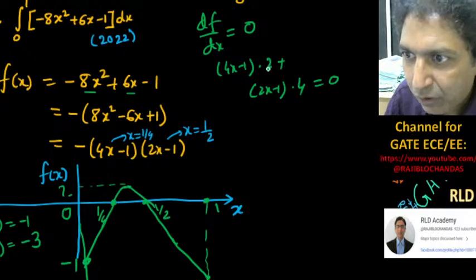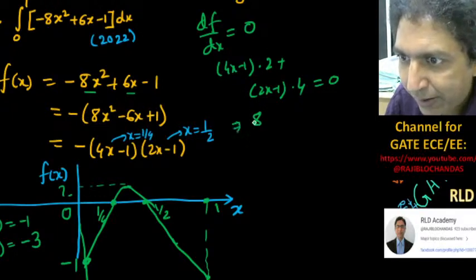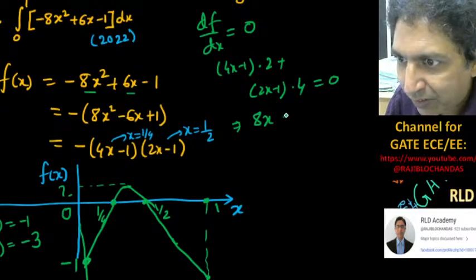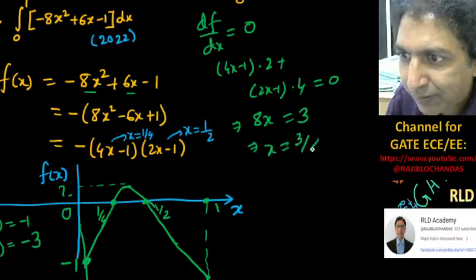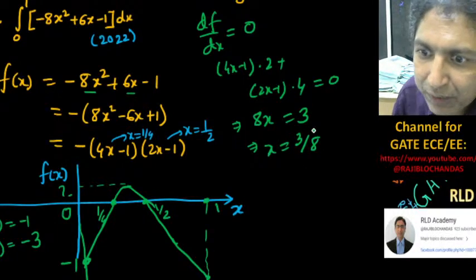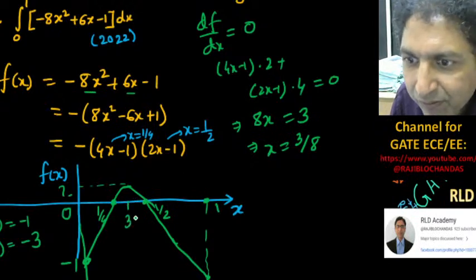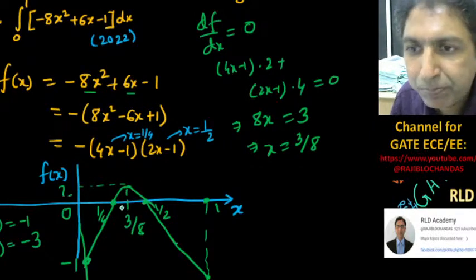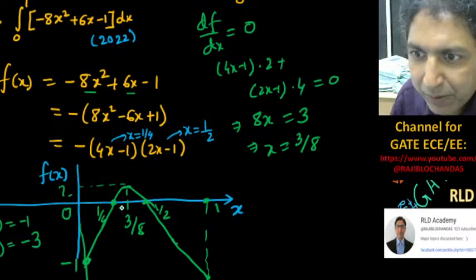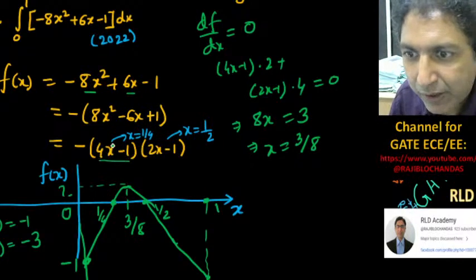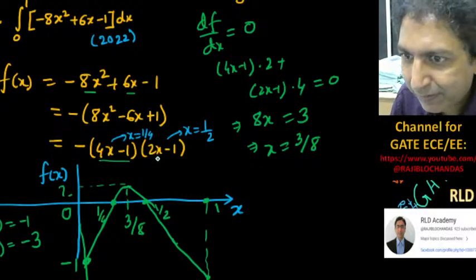Dividing by 2, this is 8x, and minus 1 minus 2 is minus 3, so it implies x equals 3 by 8. At x equals 3 by 8 you will have the maximum, and put the value 3 by 8 here.